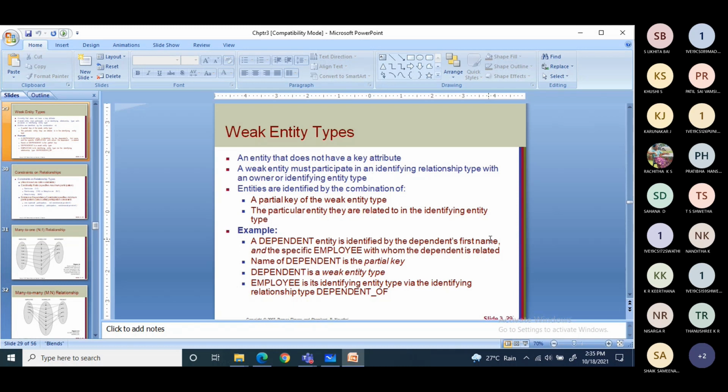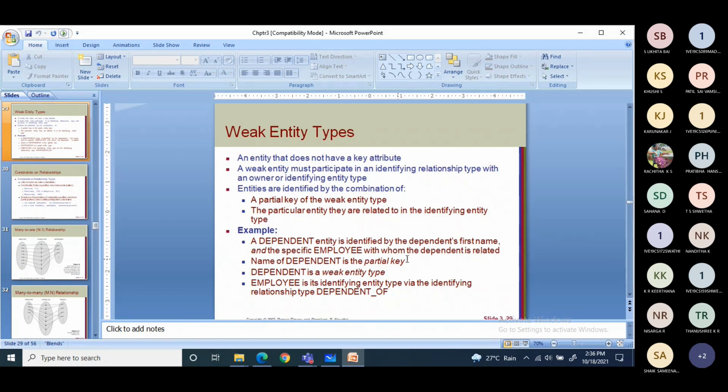It might be a partial key attribute, and the specific employee with whom the dependent is related. The first name of the dependent alone cannot identify it, and we need the specific employee with whom the dependent is related.